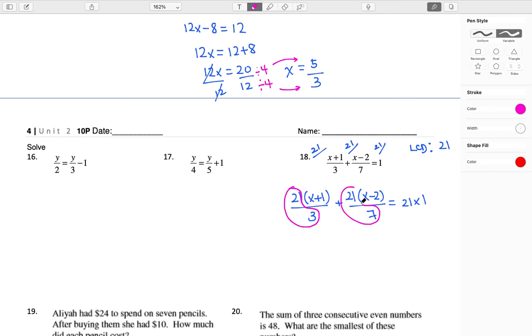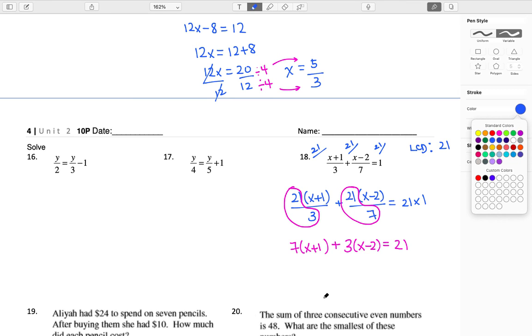So 21 divided by 3 is 7, times (x plus 1). The purpose is, after you multiply by the lowest common denominator, you can get rid of the fraction by dividing, because they are the common multiple. And then 21 divided by 7 is 3, times (x minus 2), equals 21.